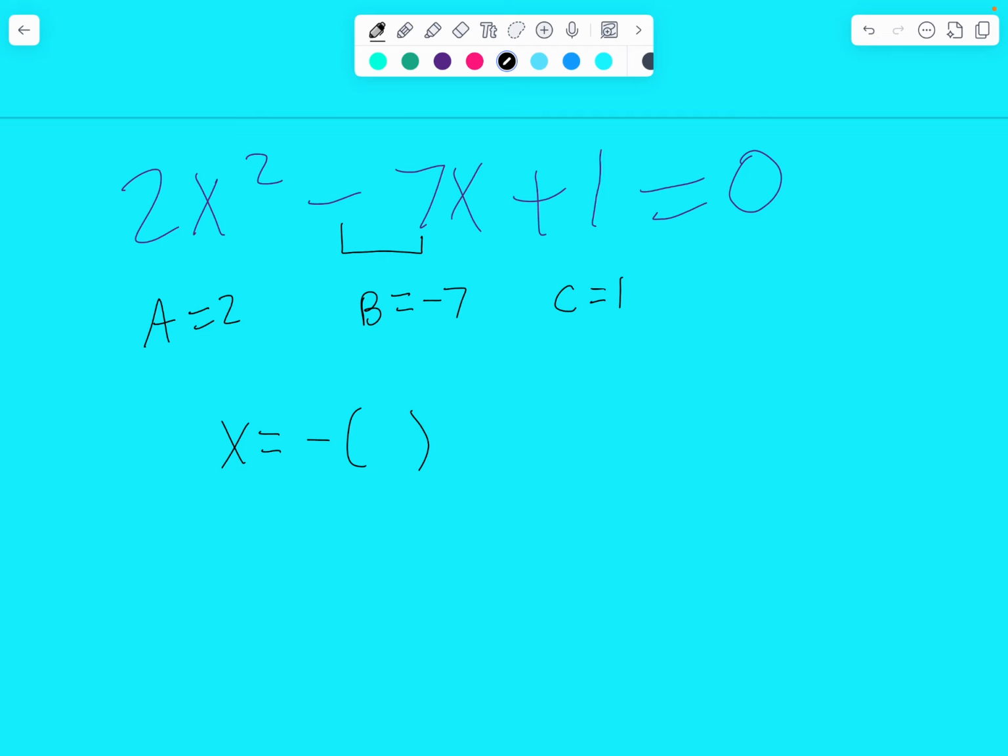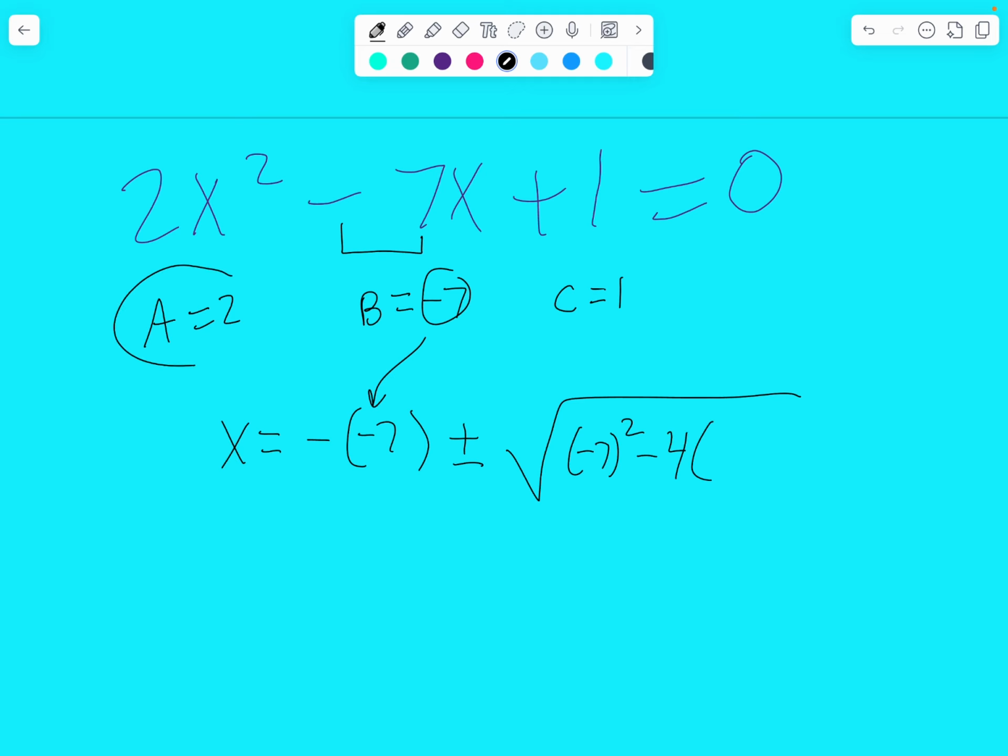It's going to be x is equal to negative b, negative 7. Because b is negative 7. This represents b, and then that negative sign was in the formula. Plus or minus the square root of b squared, so negative 7 squared, minus 4 times 2a times c of 1 all over 2 times a, which is 4.